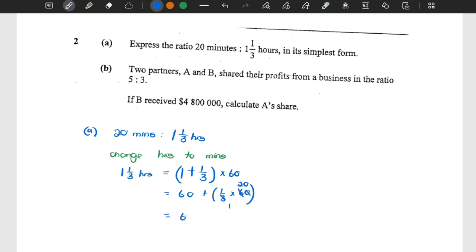So that's going to be 60 plus 20, which is 80 minutes.